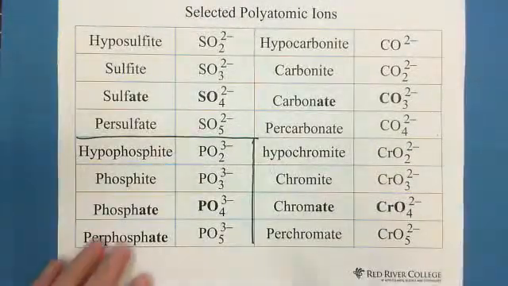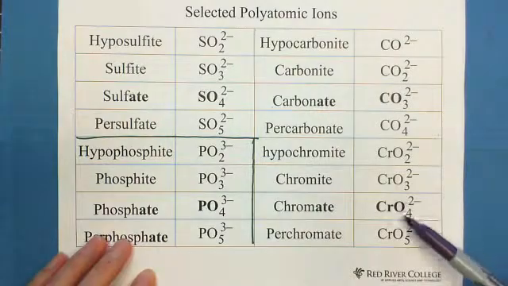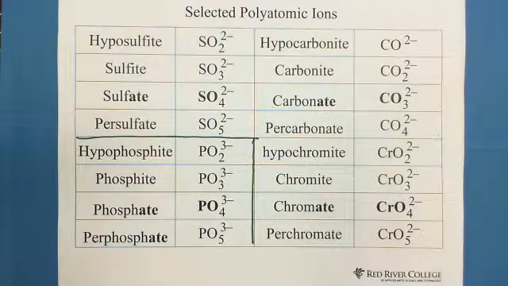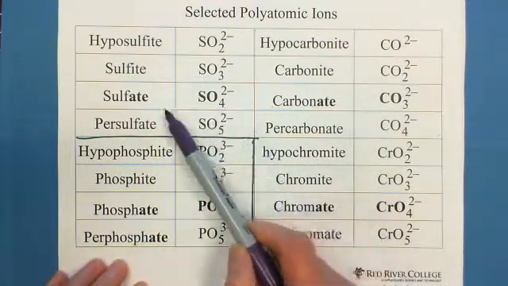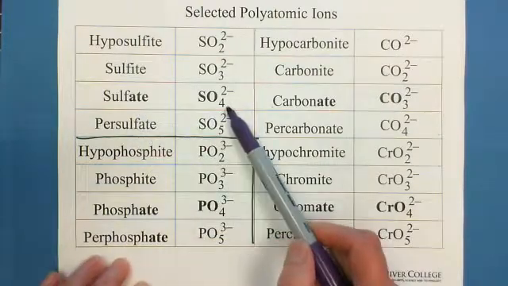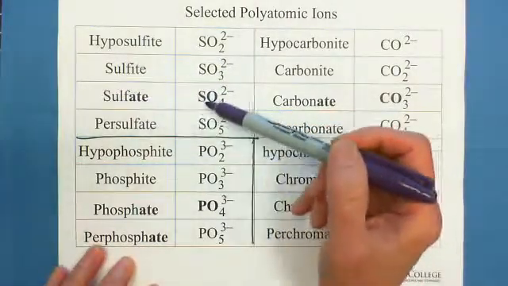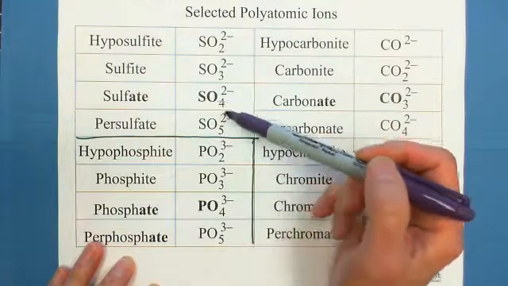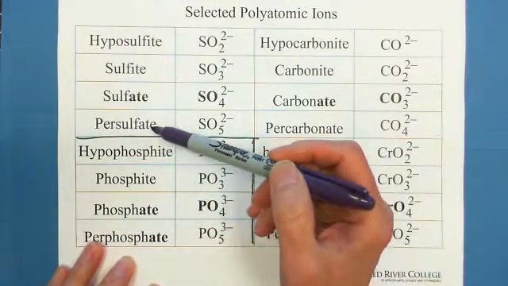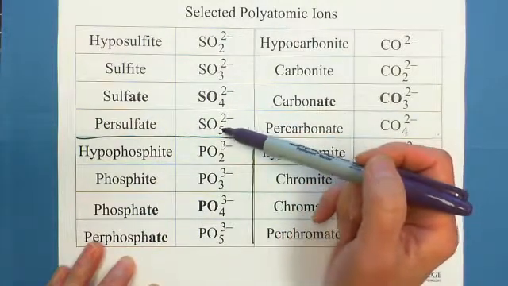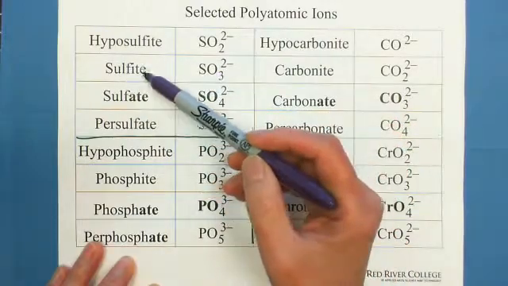The others have 2 negative and 3 negative, sometimes 4 negative. There are lots of polyatomic ions, and here I just show you that pattern. For example, sulfate is ATE with SO4. It's not SO3, it's SO4. Once you find SO4 is ATE, one more is persulfate, SO5. One less than SO4 is sulfite.